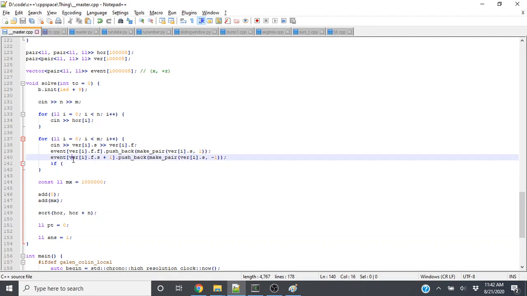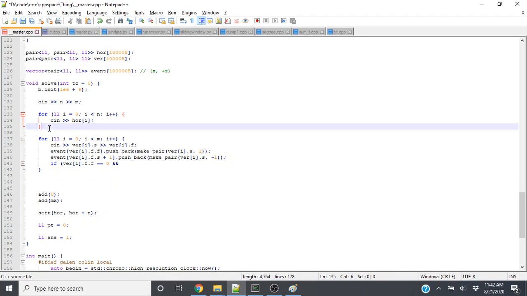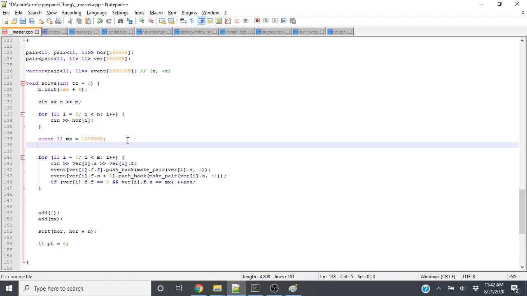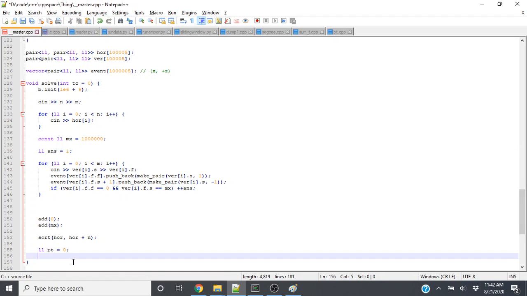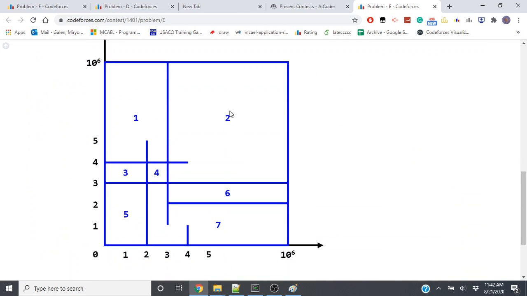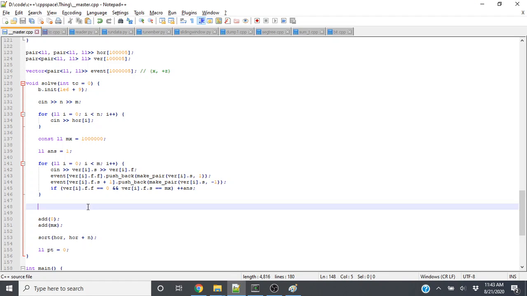I'm not entirely sure if this works. Automatically start with answer 1, then for every vertical segment that spans the whole square, we're going to count an extra segment, count an extra group for that. It should be good.